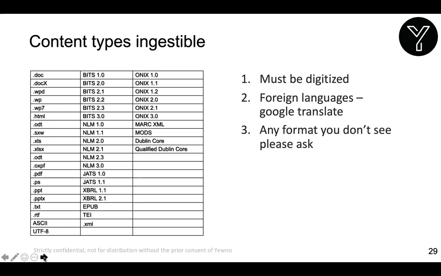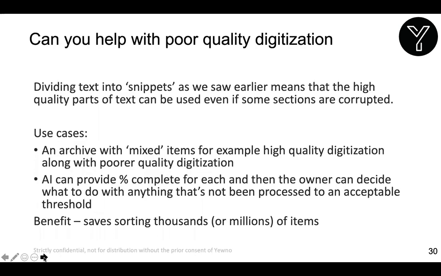But if you look at the list and you don't see anything, let me know, because it's possible that it would be usable. And then what about poor quality digitization? So some of the earlier digitization is not necessarily brilliant, but actually redigitizing is obviously a very, very expensive approach. So one of the good things about AI technology, because it's reading the full text and because it's dividing it into snippets, it can simply ignore the elements that are corrupted text, and it can use the bits that aren't corrupted.